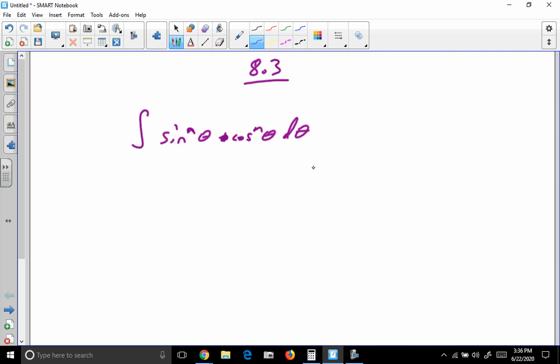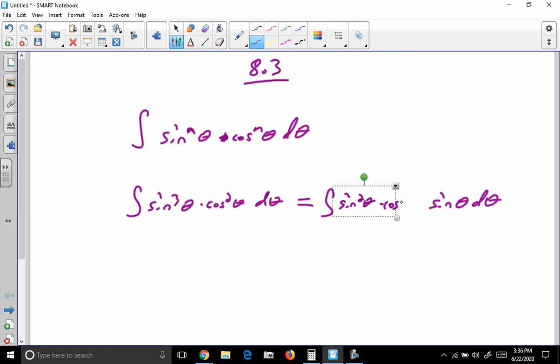For example, if we have sine cubed times cosine squared, the one that's odd is sine, so we're going to pull that odd one out, and that's going to leave us a sine squared. And then we still have our cosine squared.